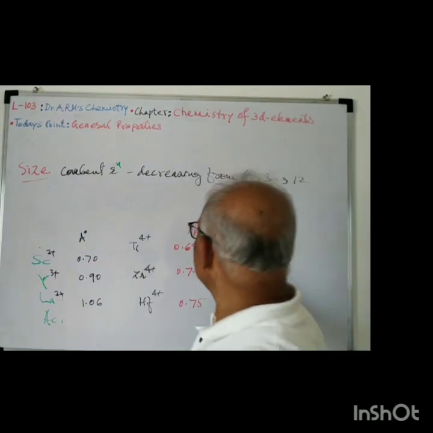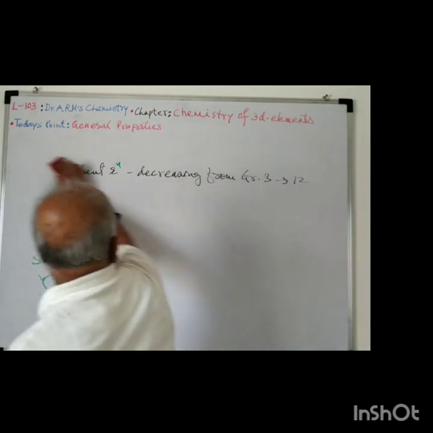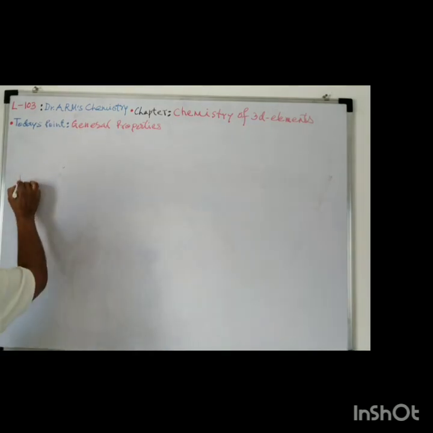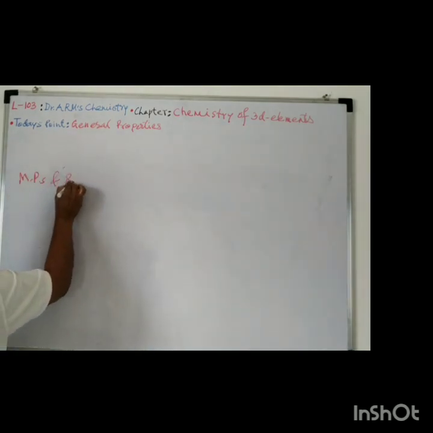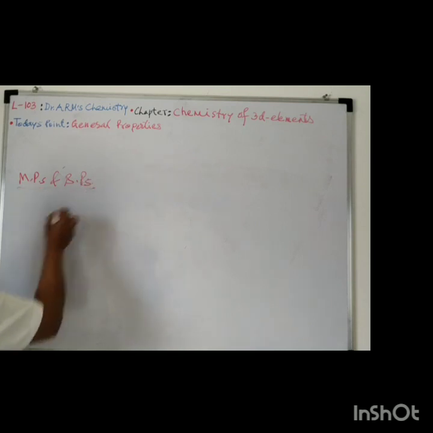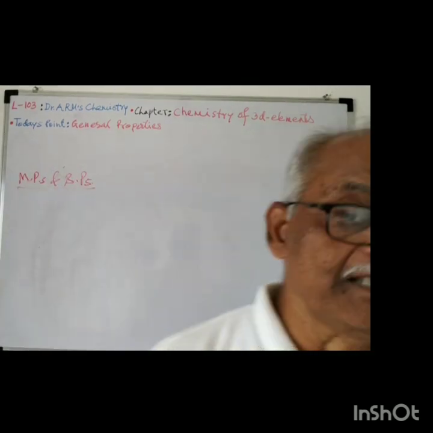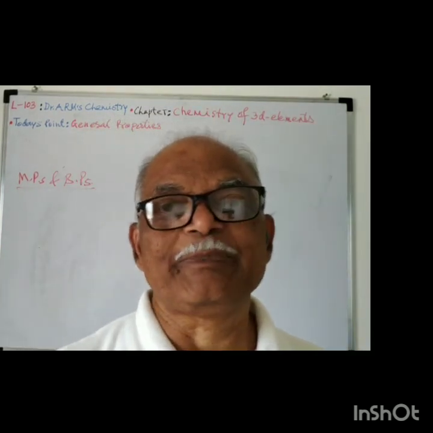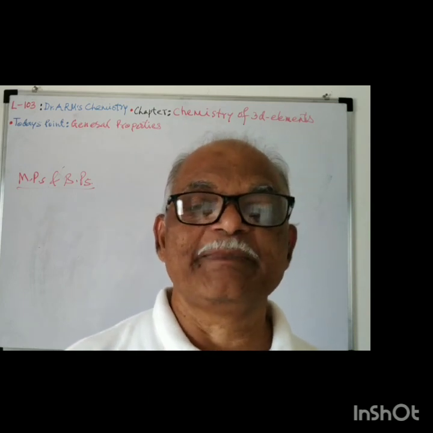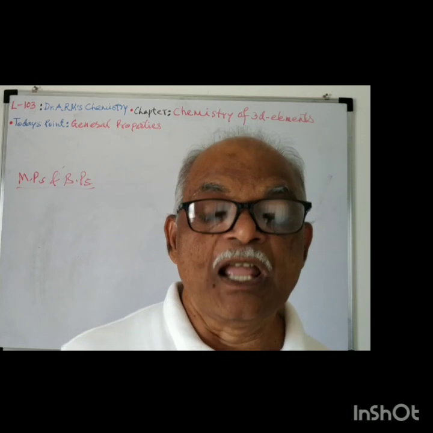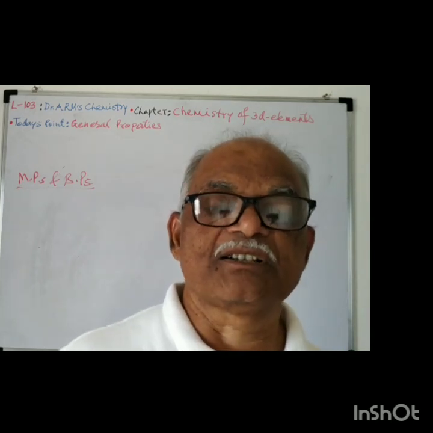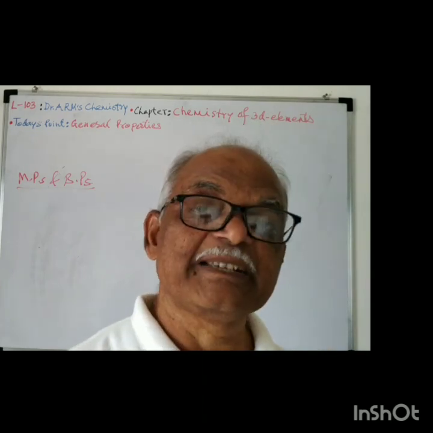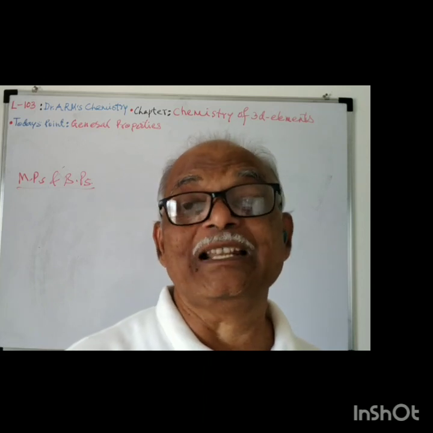Then next point is melting points and boiling points. That is physical constants. In general, it is observed that the melting points and boiling points of alkali metals and alkaline earth metals are lower, but the transition metals have generally very high melting points and boiling points. But there are some exceptions like the 12th group elements.